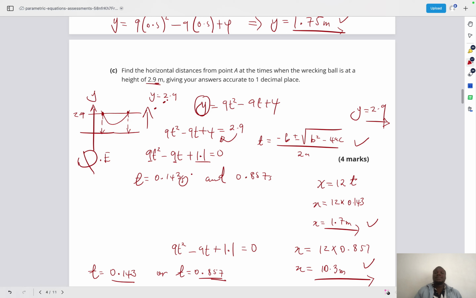Now, since they are asking for the horizontal distance, which is distance along the x, and we already know the times, just as we found the height along the y using the y equation, here we are going to use the x equation, which is x equals 12t. Your duty is to replace t with each of the times. I worked it in advance, because x is equal to 12t.